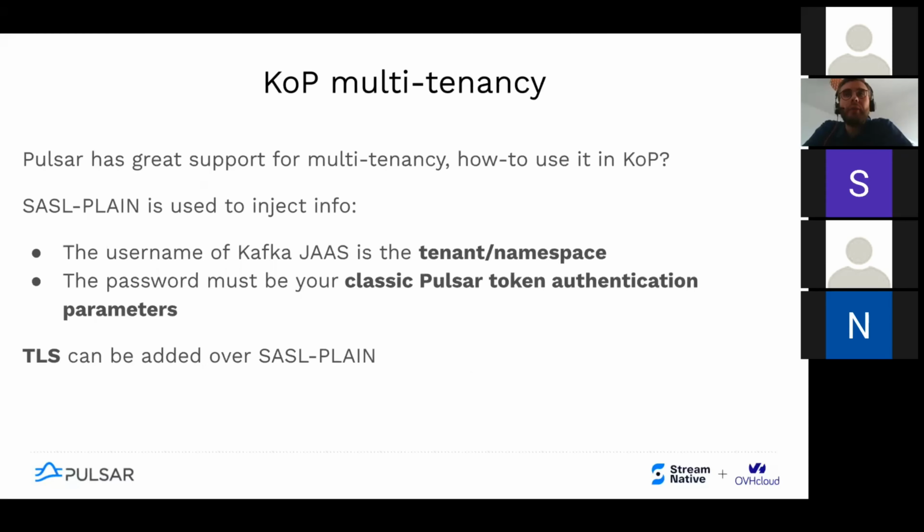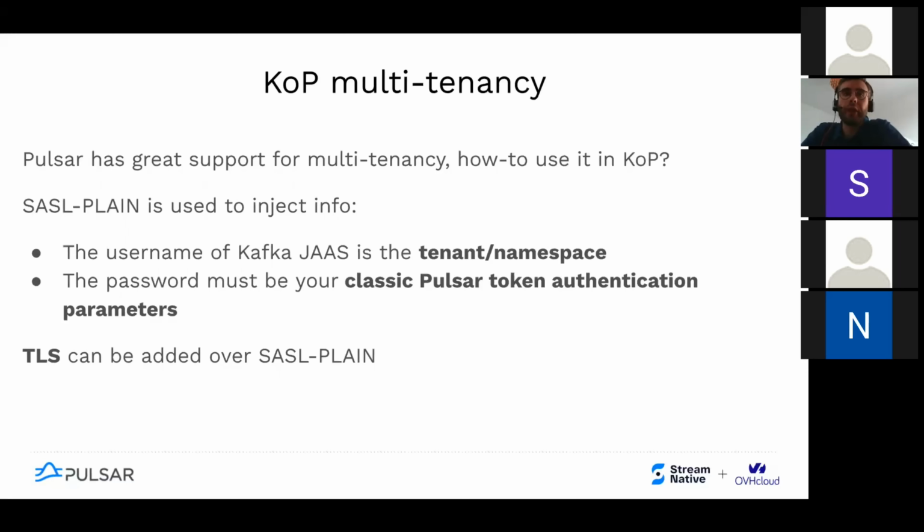As you know, Pulsar has great support for multi-tenancy, and we were always asking how to reflect this multi-tenancy in KoP. So we decided to do something really simple, and we are using SASL-PLAIN to inject information.